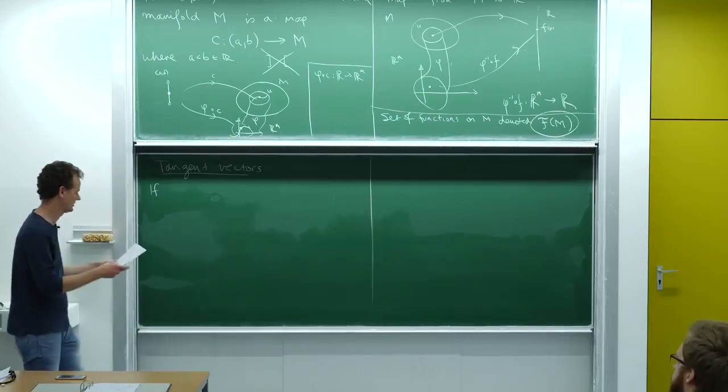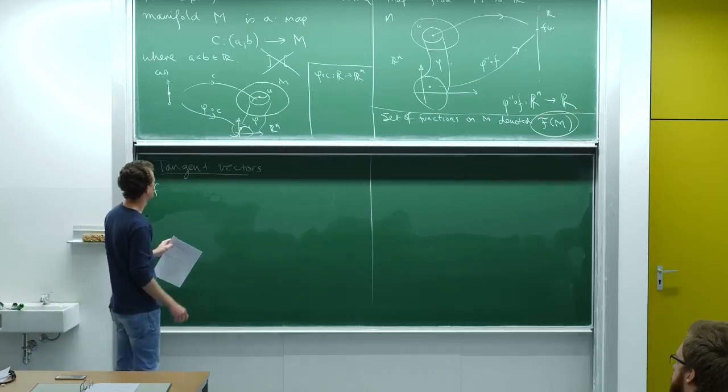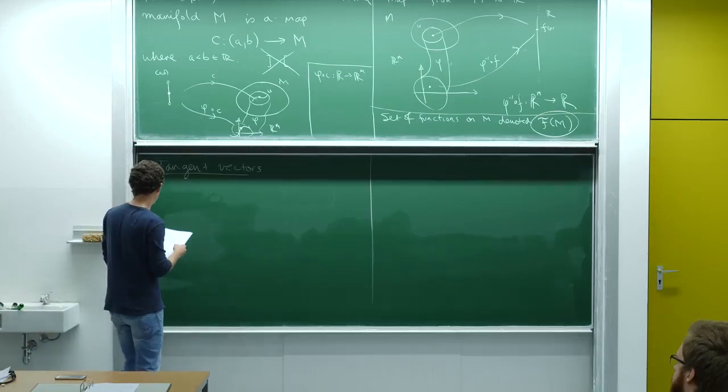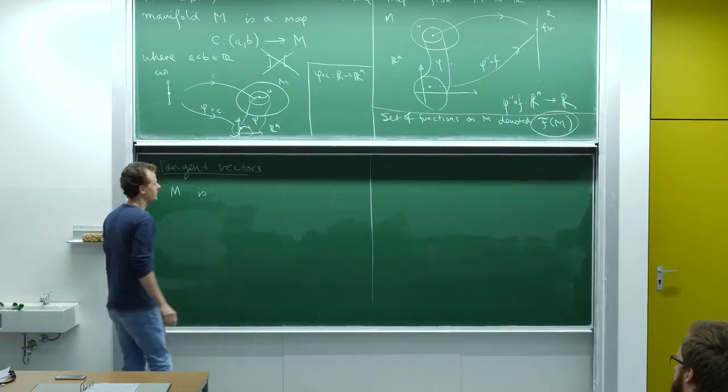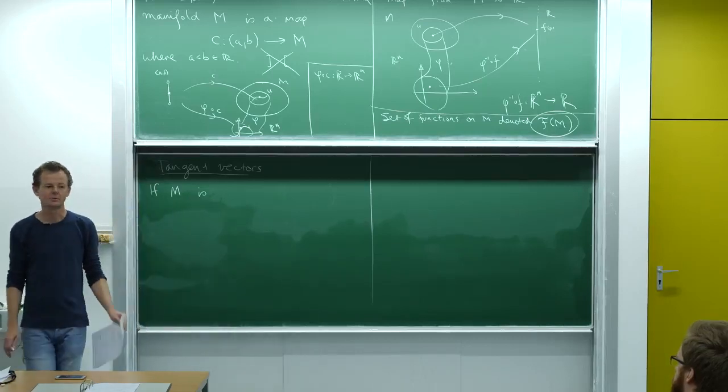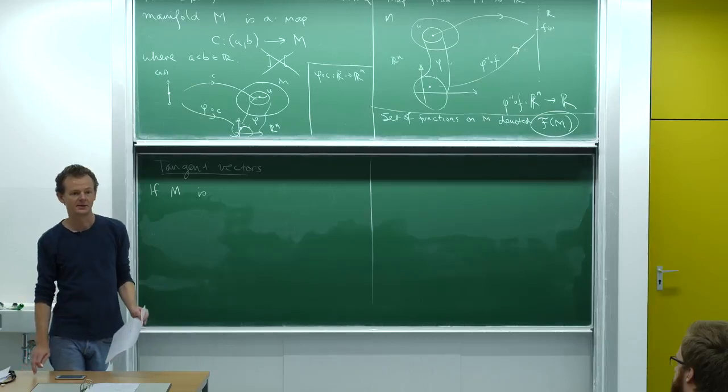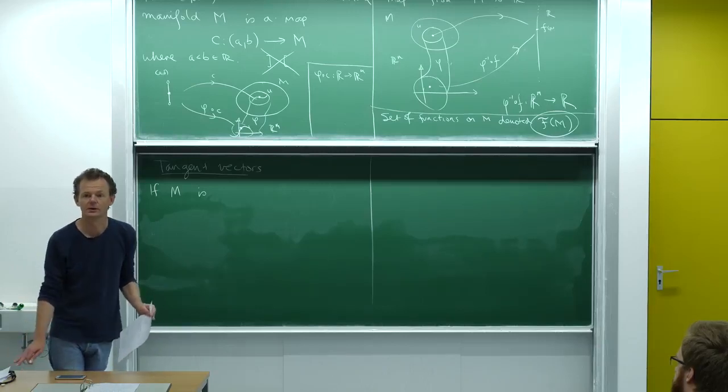So I'm going to show you the first vectoriness condition. And the way to do that is to take a setting where we understand things much better, namely embedded manifolds, and to work from there.